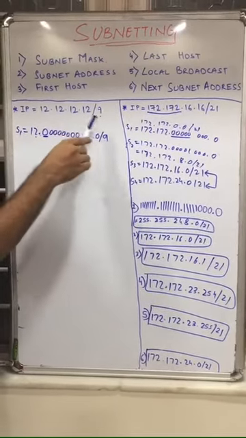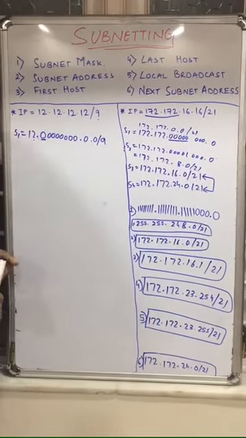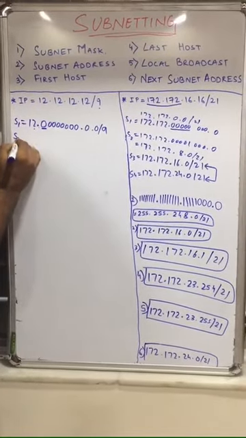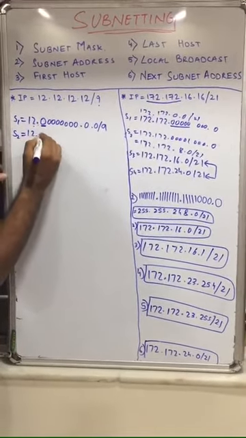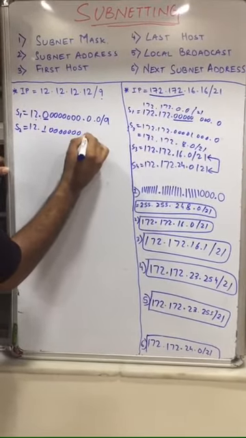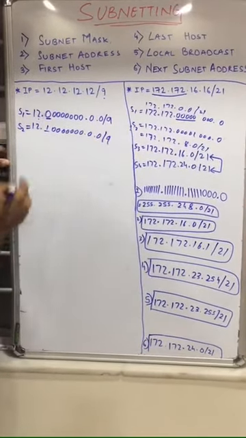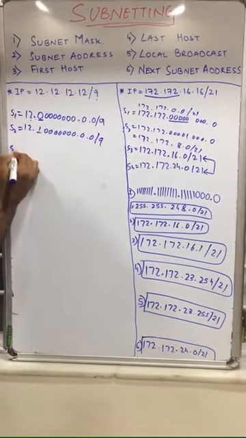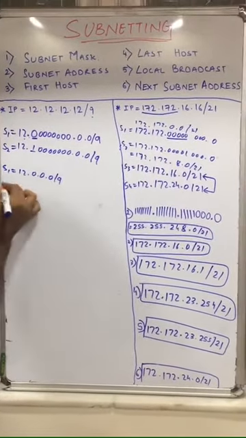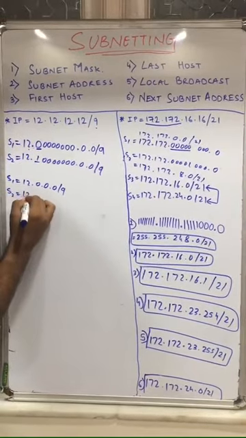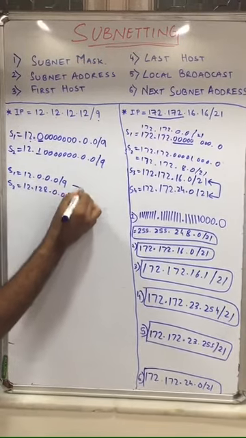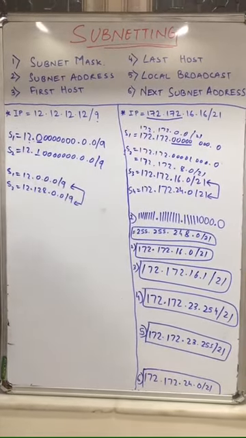Here we have borrowed 1 bit, so we get 2 raised to 1, which is 2 ranges. One with the borrowed bit as 0 and another as 1. So S1 we can write as 12.0.0.0/9 and range 2 we can write as 12.128.0.0/9. These are the 2 ranges we get.